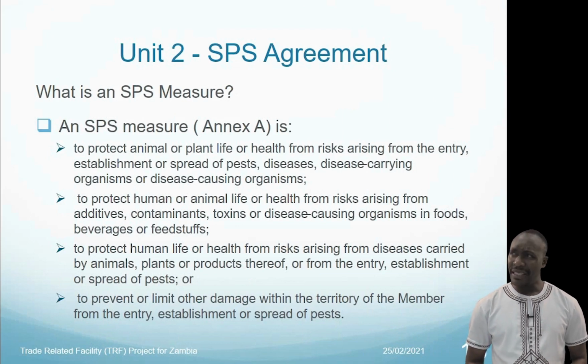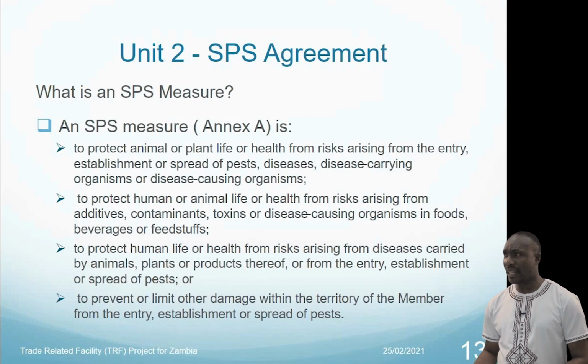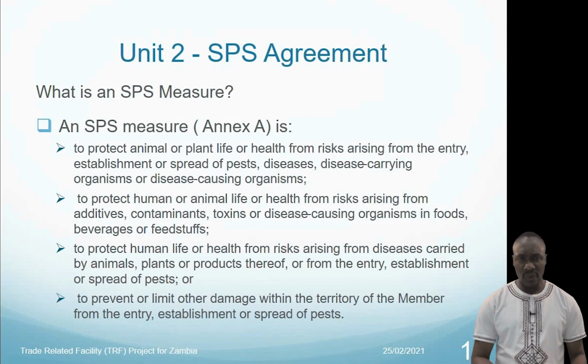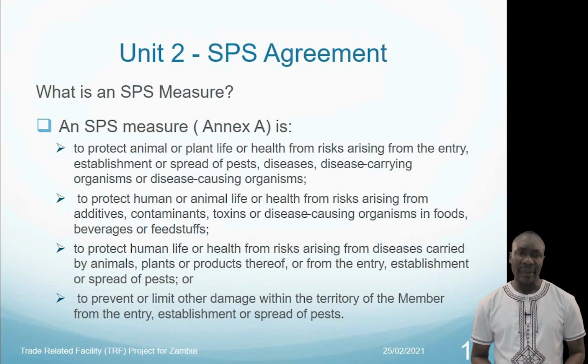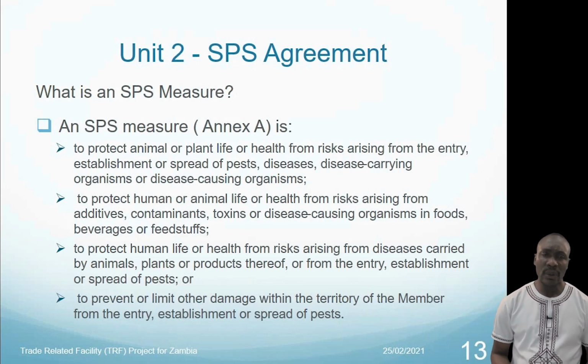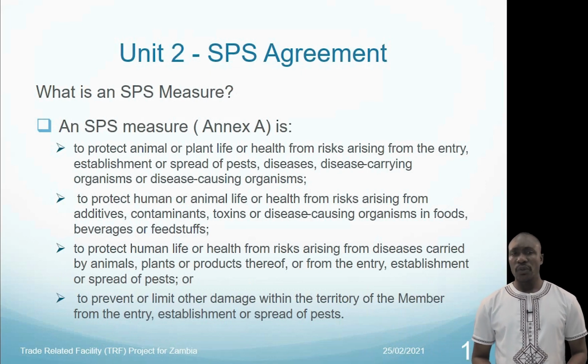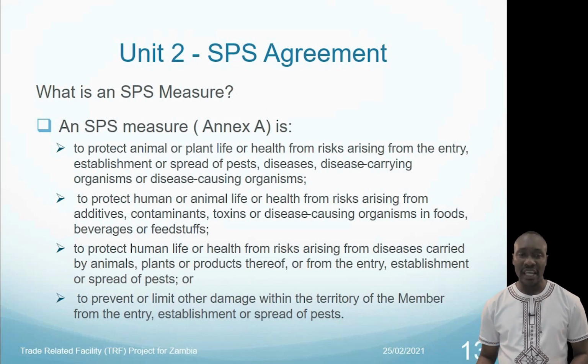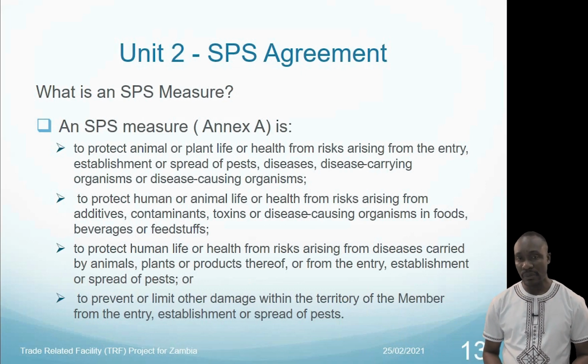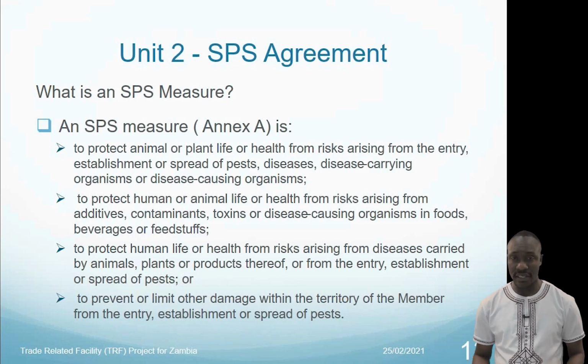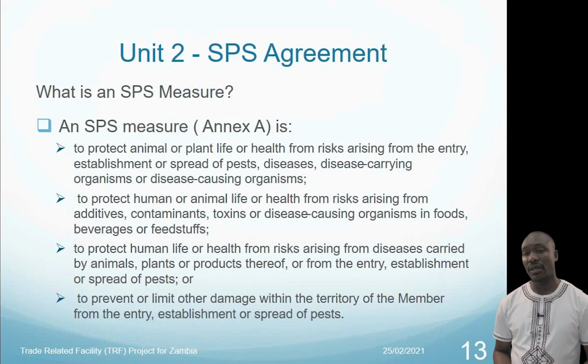So what's an SPS measure? We've talked about the SPS agreement. So it's an agreement of the SPS measures. But what is an SPS measure? Well, it's anything that you do to protect the animal, plant life, or health from the risk that may arise from the entry, establishment, spread of pests or diseases, or even disease-carrying organisms or disease-causing organisms.